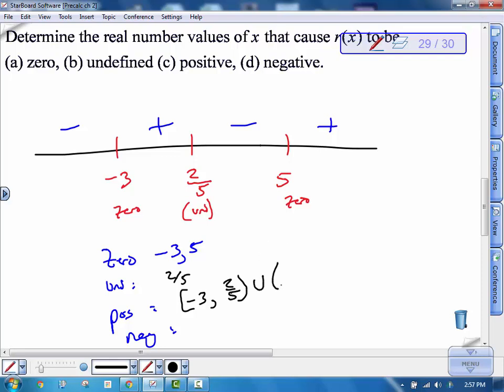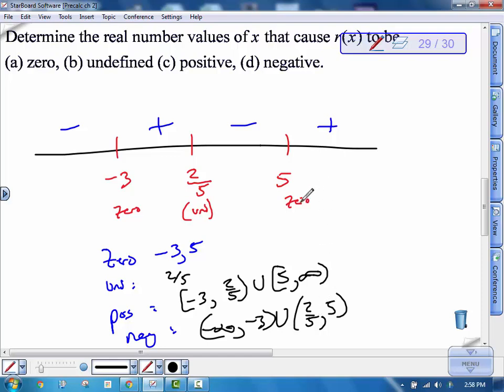And also from 5, I can include 5, all the way up to positive infinity. And it's negative from negative infinity all the way up to -3, not including -3, as well as 2/5 to 5, not including either of those.